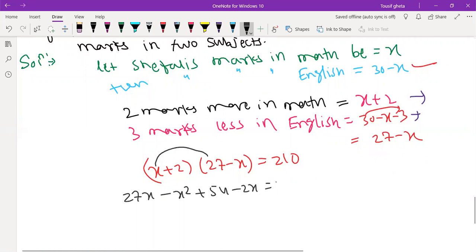Very good. Now what we will do, because of this minus, I will take this whole part to the other side. But before that we will simplify. Chances are there to simplify. You can see this is 27x and this is 2x. Both are like terms. I will go for simplification.